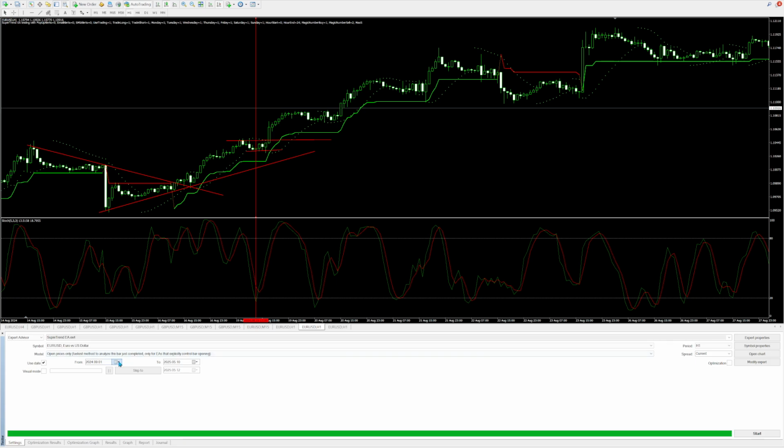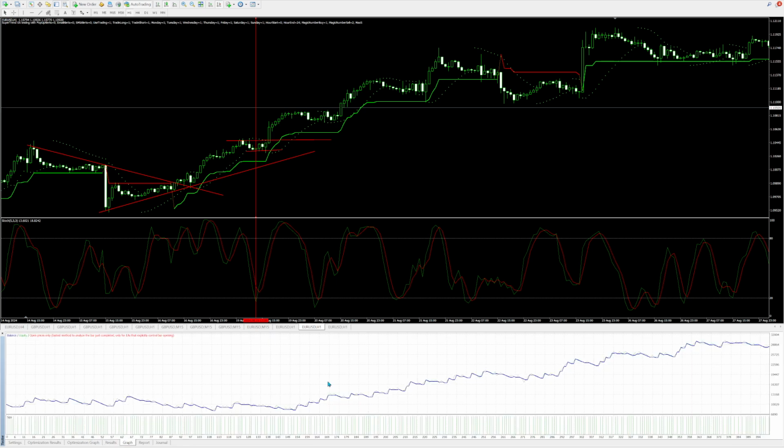And I'll just emphasize that by going back another year on the data, using the exact same settings, and let's see what happens. Okay, doesn't look so great. Okay, it's not terrible, but it wasn't until around where our optimization started, which is around this period, that the graph really started to go up. And why is that?